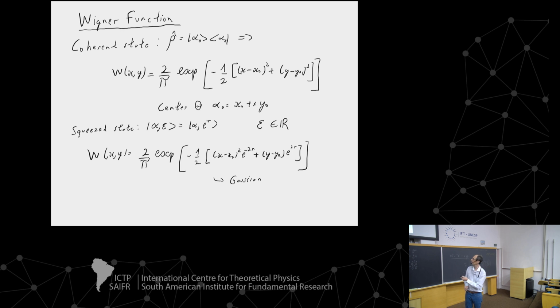And now it's nice. If I squeeze the state, you can see here that you have a different width of your Gaussian distribution in the dimension that you are squeezing, and the other dimension that will be anti-squeezed. It is broadened.